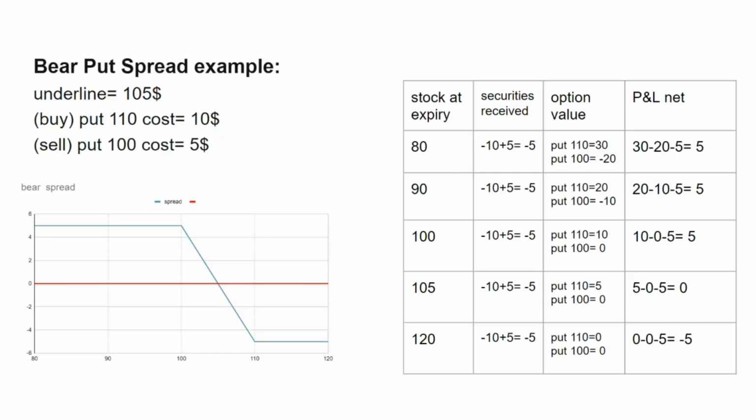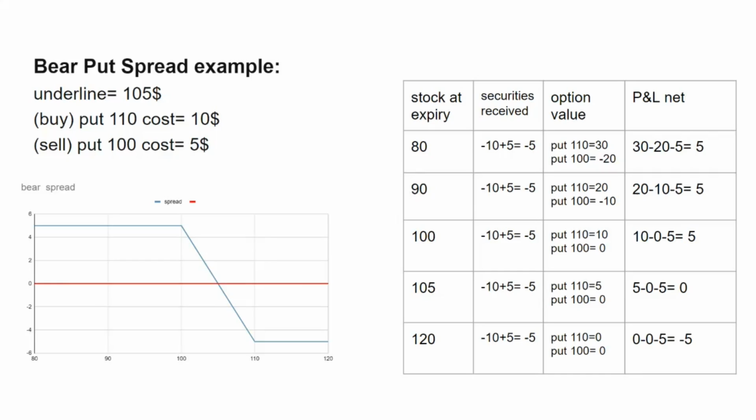Now we have to deduct 20 because put 100 is worth minus 20 for us. And remember that all in all, we also spent $5 for buying those two options. So that gives us a net profit of $5.